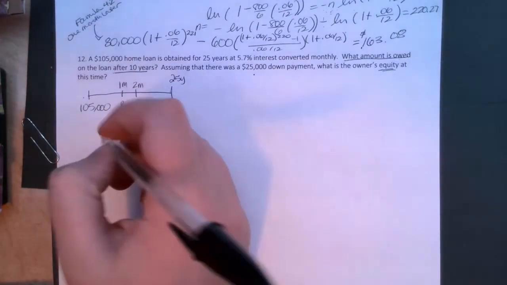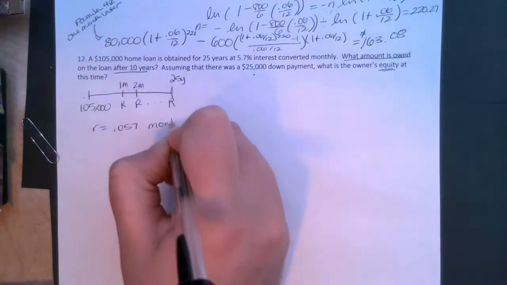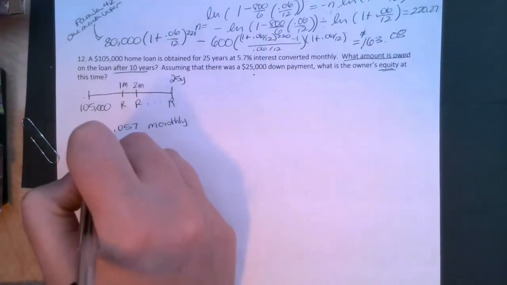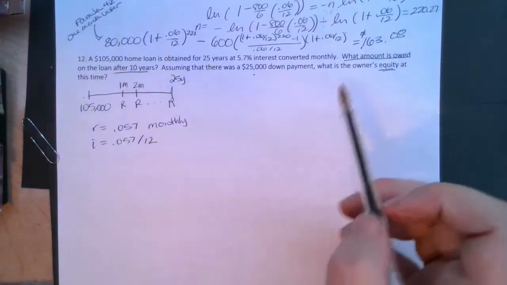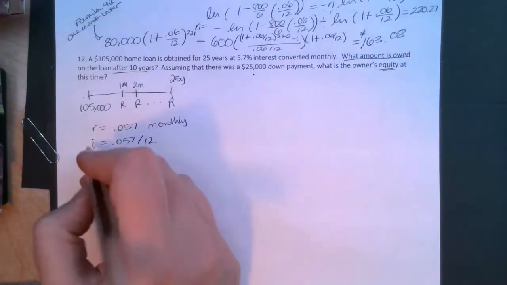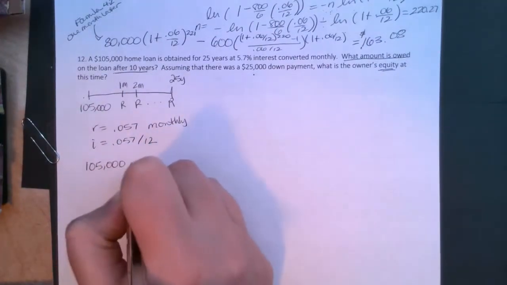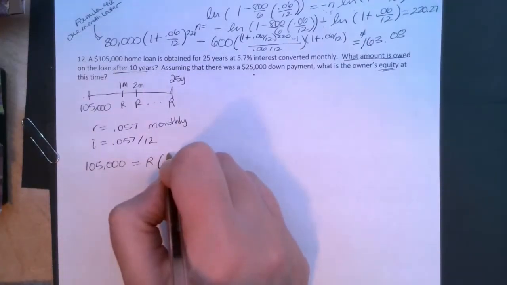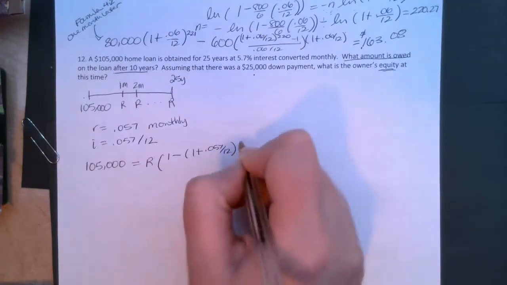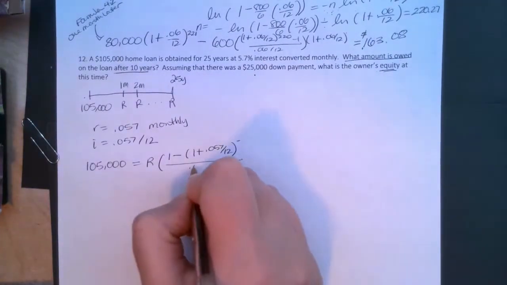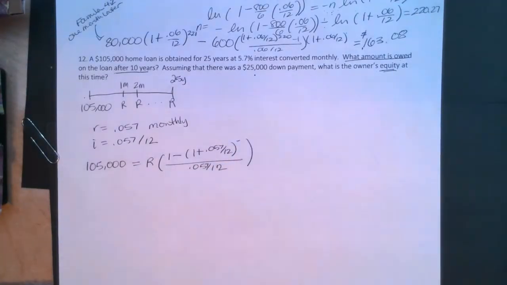So we have our R is 0.057, and again that's monthly. So then that makes i 0.057 over 12. And then we need to do our $105,000 is equal to R times 1 minus 1 plus 0.057 over 12 to the negative exponent, over 0.057 over 12, but we have to figure out what our exponent is here.